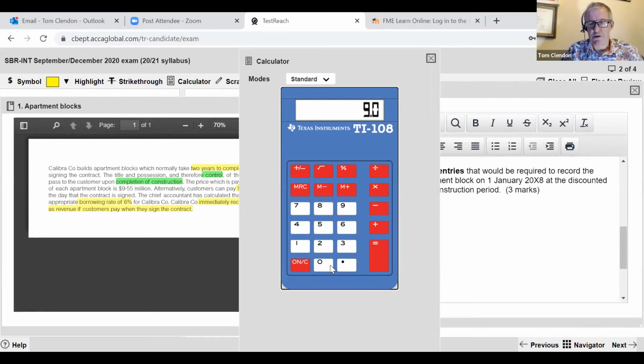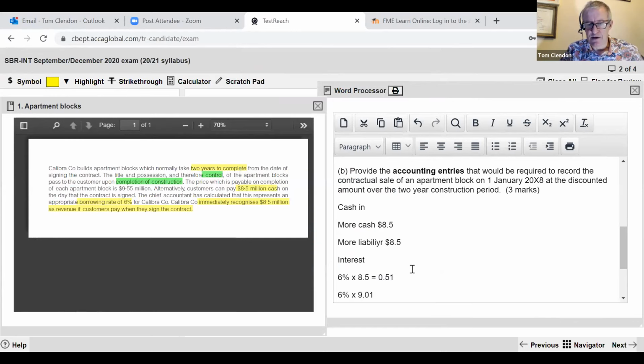And when you mess up once, you tend to mess up twice, 9.01 times. So it's a live experience, ladies and gentlemen. And therefore this is giving you 0.54 as a finance cost. That is giving you there 0.54. And that would then give you a total of 9.55 when you add the two interests on.